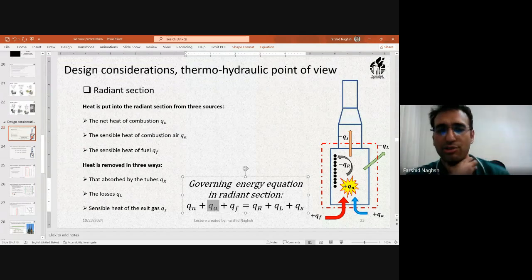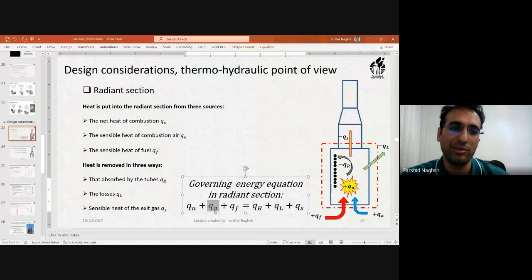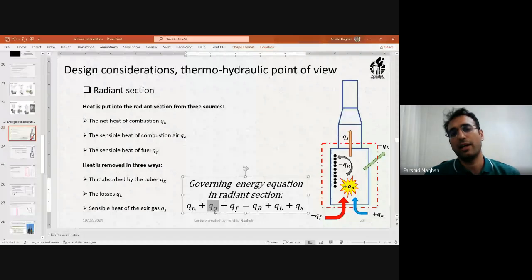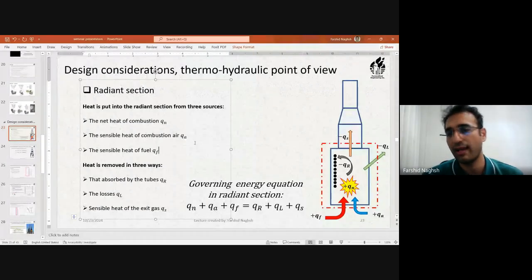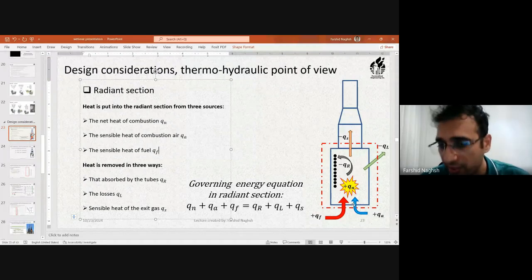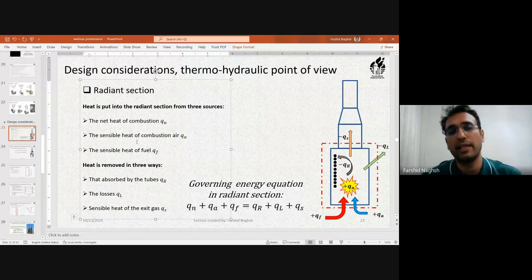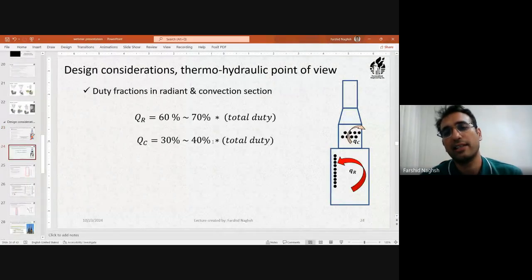I will introduce you to a very good paper on how the formulation and theory are developed for the radiant section and the convection section. For now, just know that we have a simple heat balance in both the radiant section and the convection section. We have the same theory. Okay, move on to the next slide.